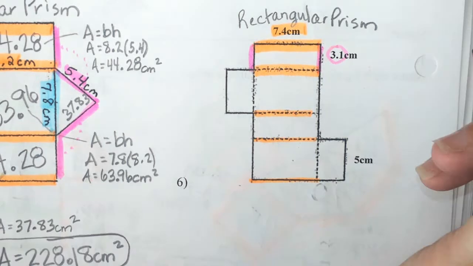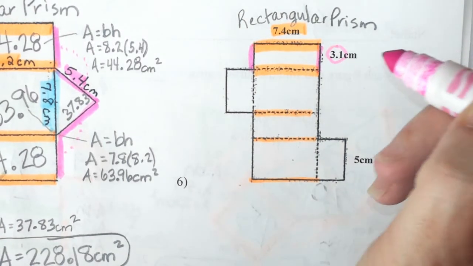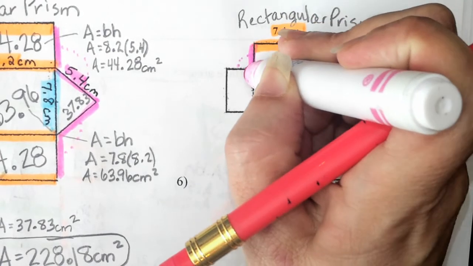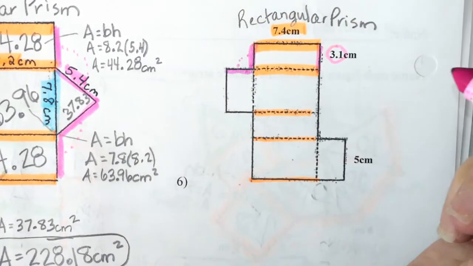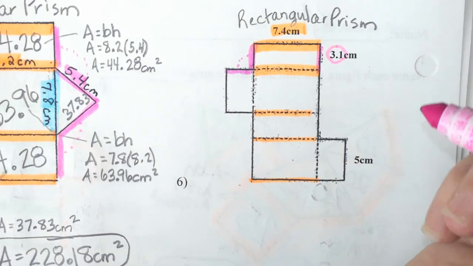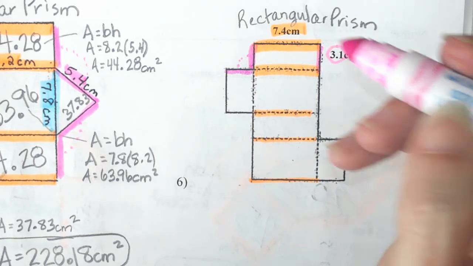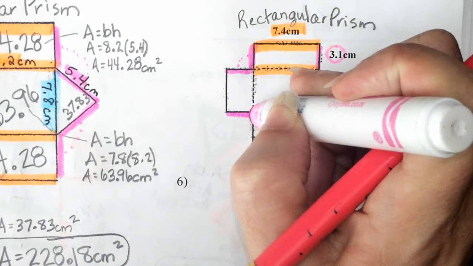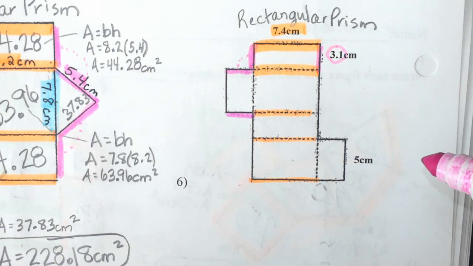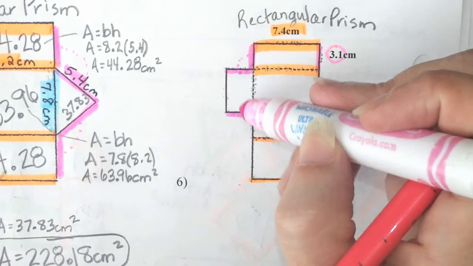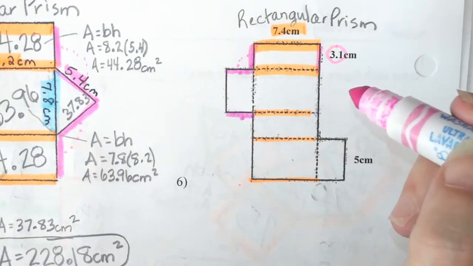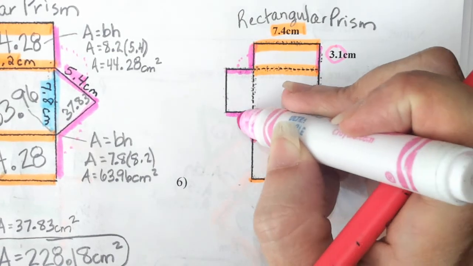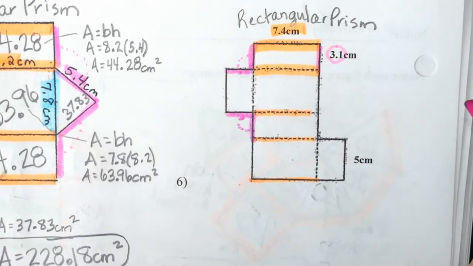Okay, now trying to get some of the other numbers. This flap right here would touch that flap to make it 3.1. The opposite flap would be 3.1. Like that flap and that flap would be the same. Now, this one would be the same because those two would touch.